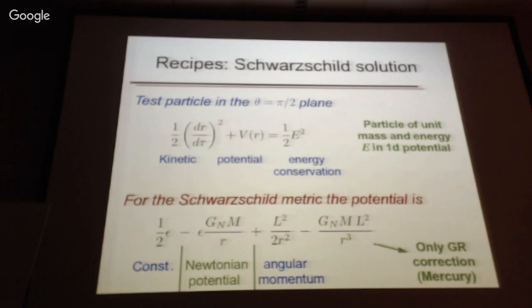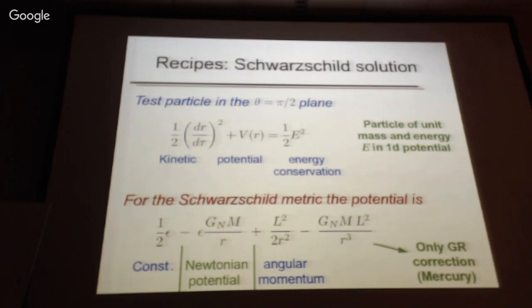For this particular solution, the potential has the following form. The first term is just a constant, forget about it, it doesn't really matter. The second term is the Newtonian potential. The third one is your angular momentum. This is just the usual two-body problem that you get in mechanics under a gravitational field. The only thing that is different from Newtonian mechanics is the last term, which is the only GR correction.